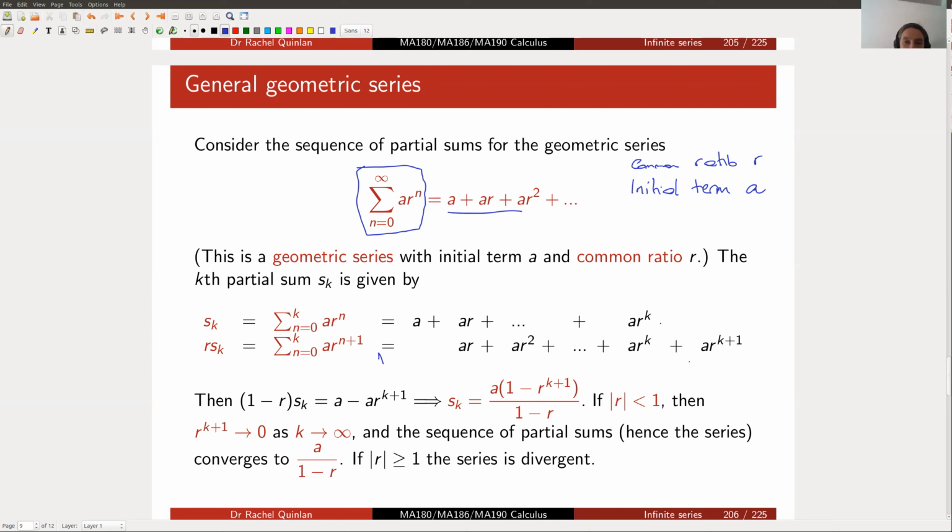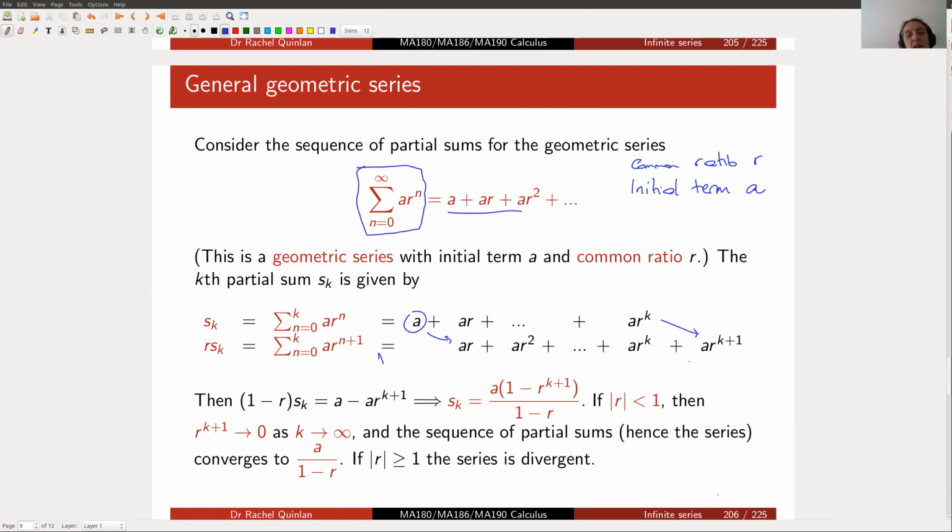The reason for the alignment here is that the terms that match each other are aligned. Instead of writing the AR under the A, I've written it over here, because then the matching terms line up in columns, and you can see how the subtraction works.